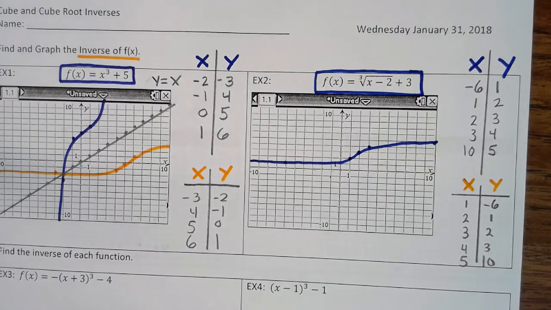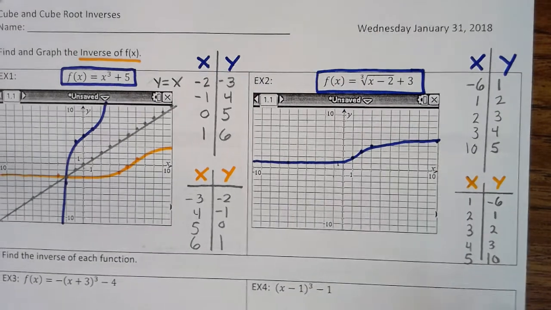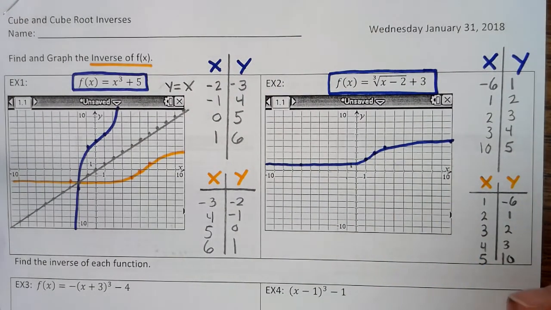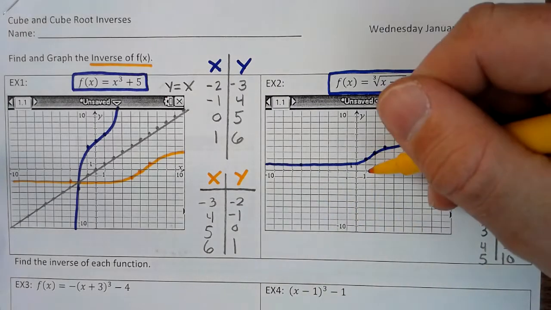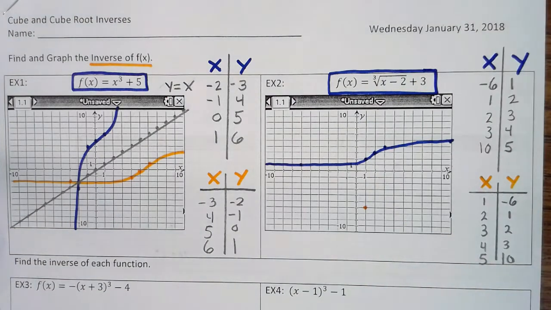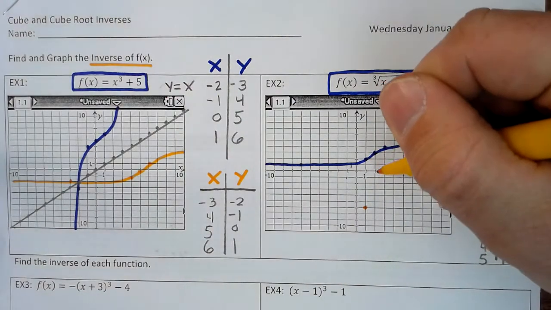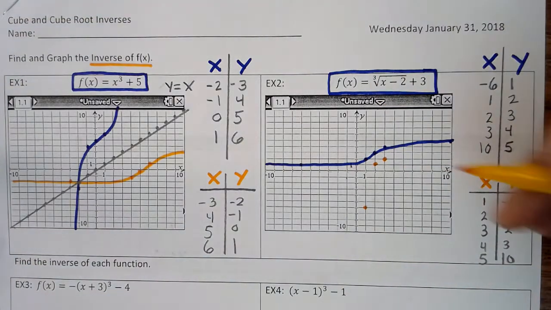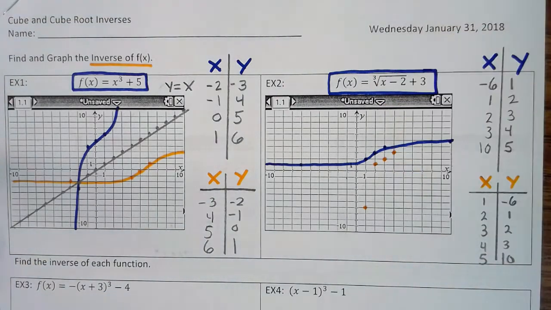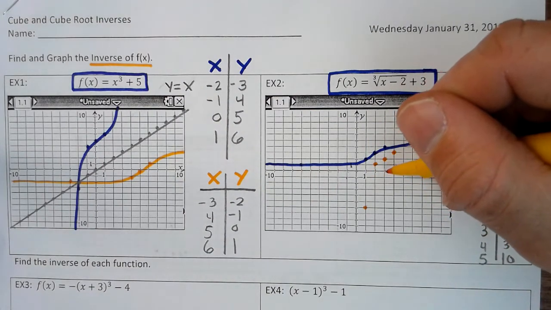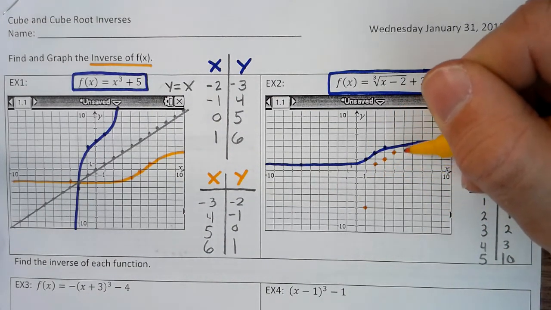Until we graph. So then we go, our point is 1, negative 6. So 1, 1, 2, 3, 4, 5, 6. 2, 1, 3, 2, 4, 3, and 5, 10. So 1, 2, 3, 4, 5, 1, 2, 3, 10.